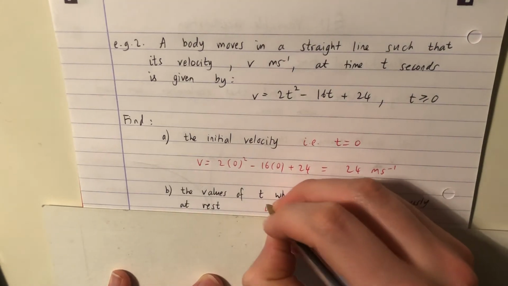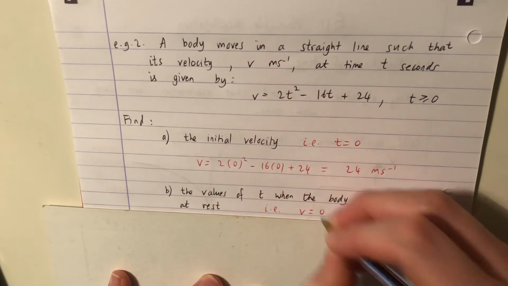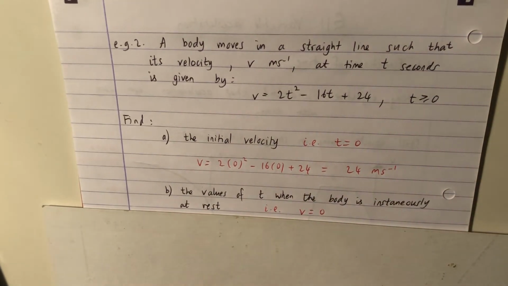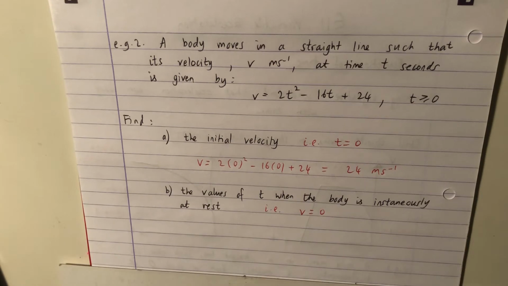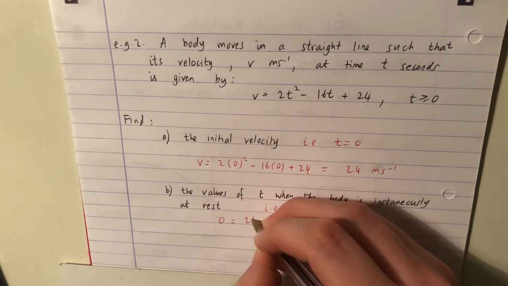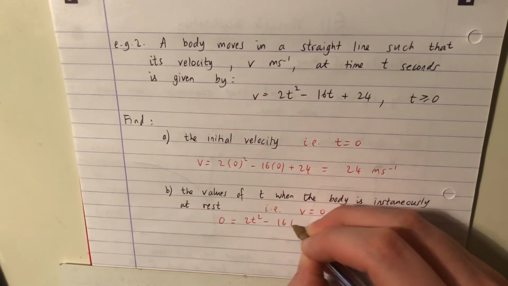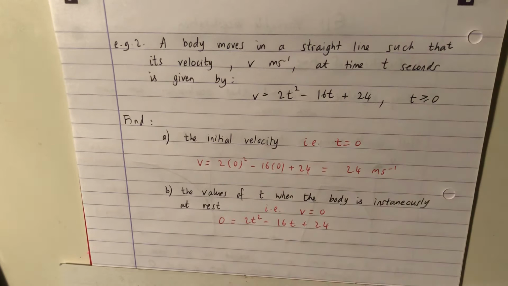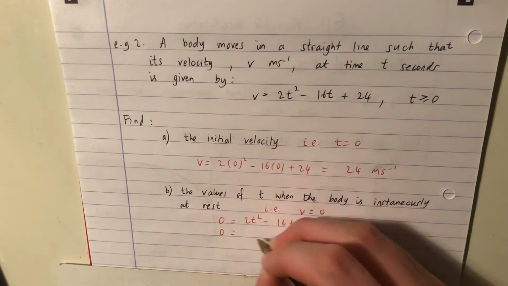In other words, the velocity is equal to 0. Okay, just for a moment. And then sub that in, we get 0 equals 2t squared subtract 16t plus 24. We've got a quadratic. Before I try to solve, I'm going to divide by 2.